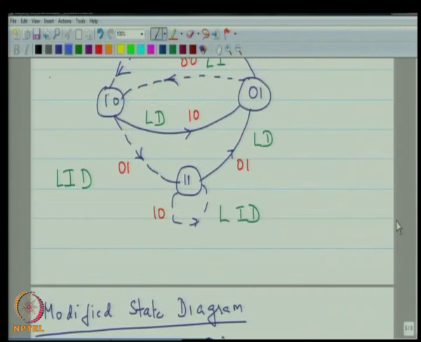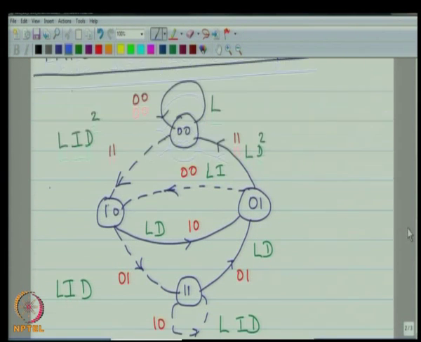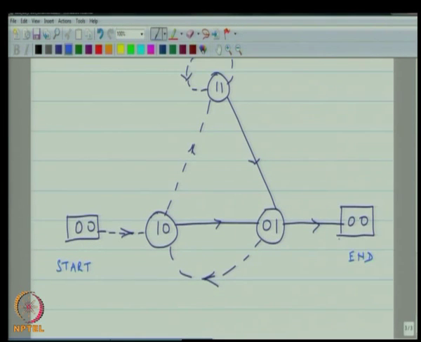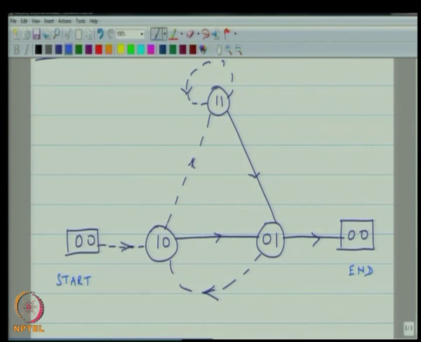Now, I want to retain the same labels as here. Whatever labels are here corresponding to a certain transition, I am going to reproduce them there. So, from 0 0 if you go to 1 1, your output is LID squared. From 1 0 if you go to 0 1, you have an LD.